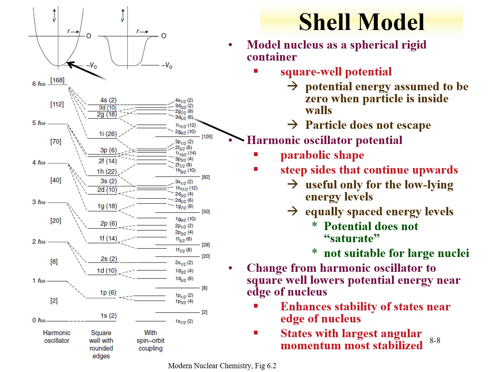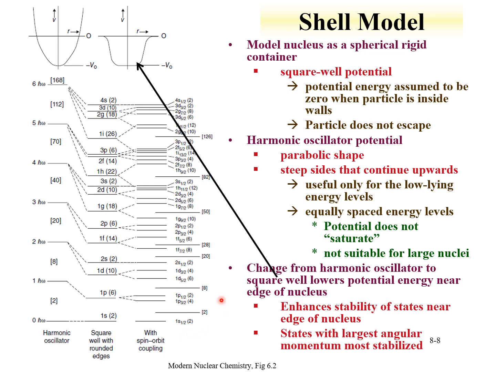If we change the nuclear potential to a square well with rounded edges, as shown here, we enhance the stability of states near the edge of the nucleus. We see a lowering of the energies, we see a splitting, and then this splitting goes even further when spin-orbit coupling is applied.